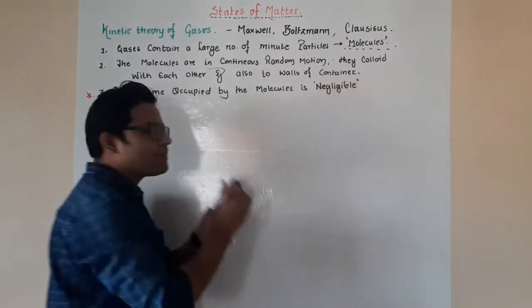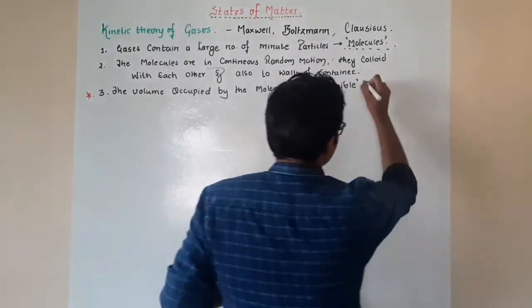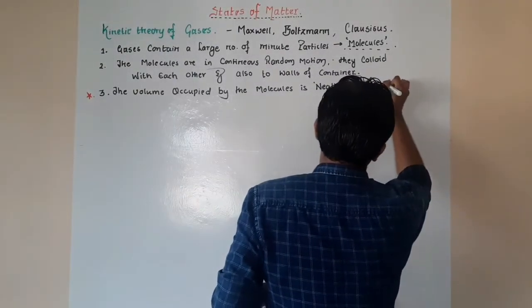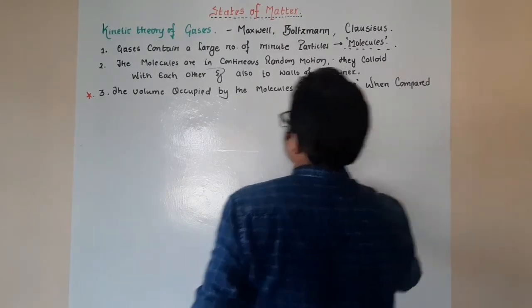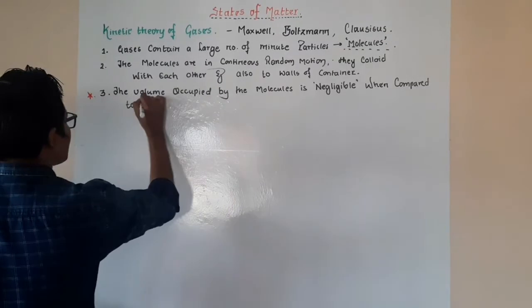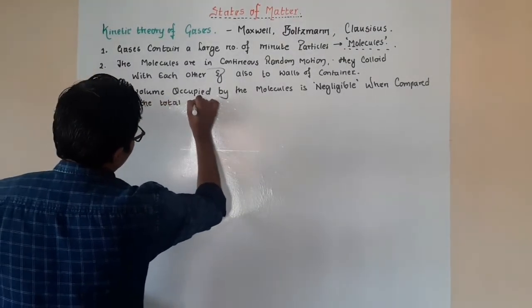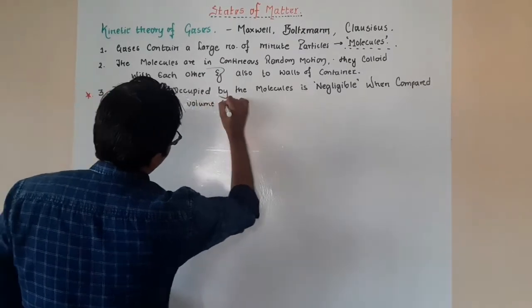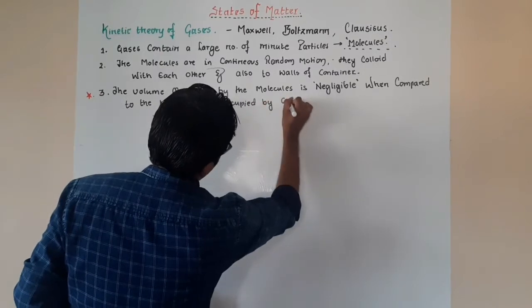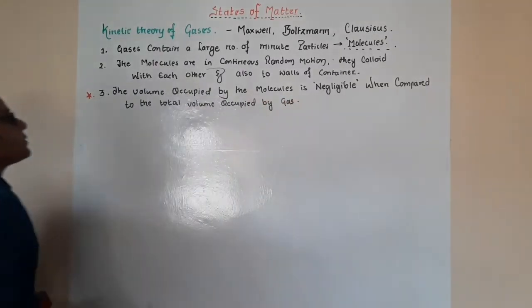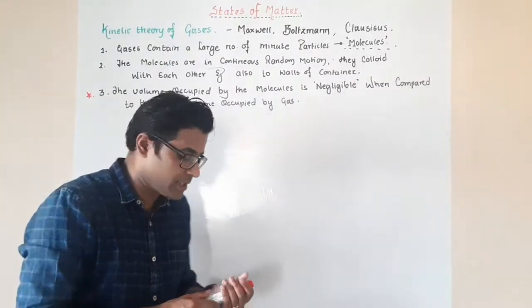He says that the particular volume that has been occupied by the molecules is negligible when compared to the total volume occupied by gas. So this is one of their statements which is actually a bit wrong. You will understand it in the future studies.